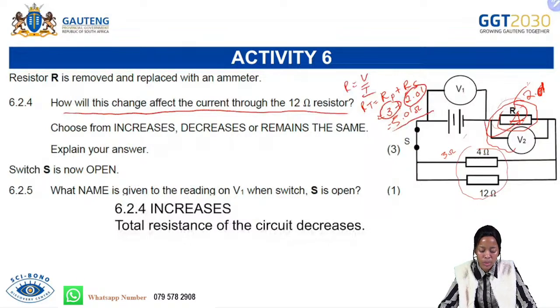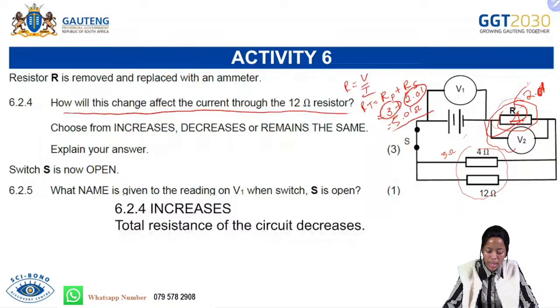Why is the current going to increase? It says because the total resistance of the circuit is going to decrease. So we said that what is happening? The total resistance of the circuit is going to decrease. Why? Because we no longer have the 2,01, we only have the 3.